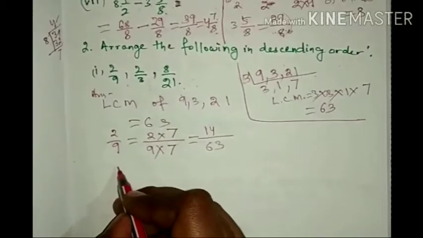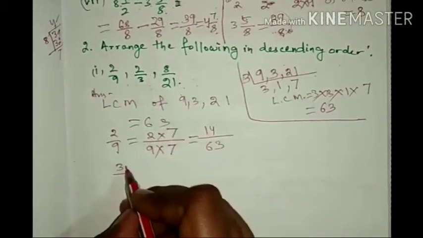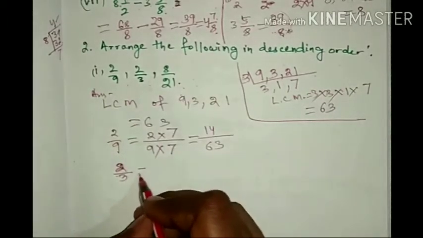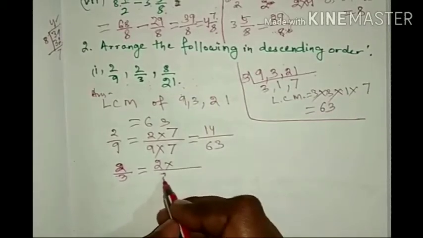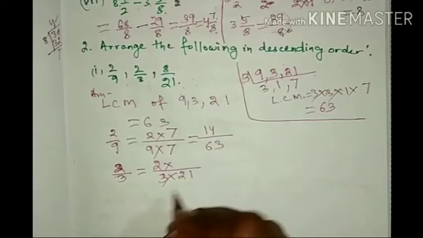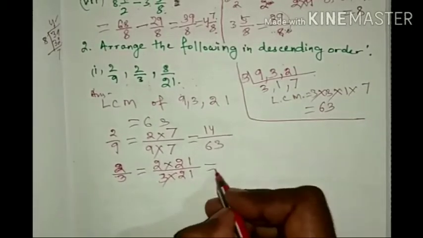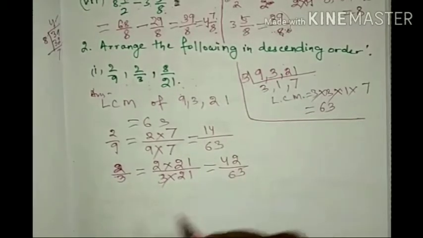Next is 2 by 3. 3 into 21 equal to 63. So I'll multiply 21 to the numerator. So 42 by 63.